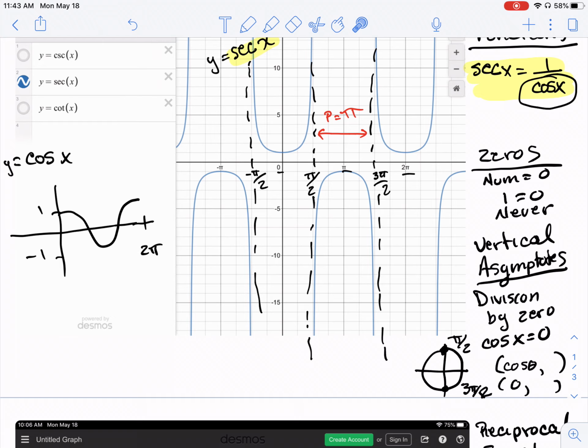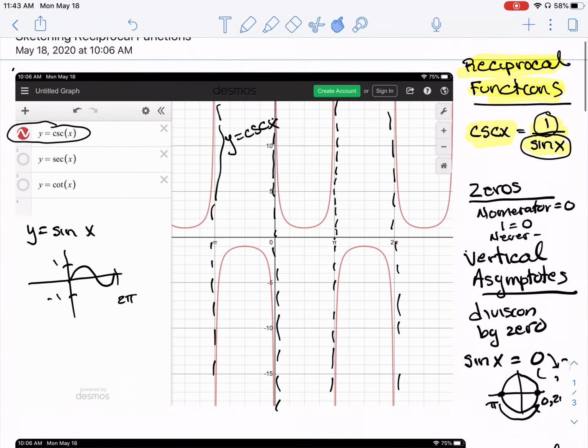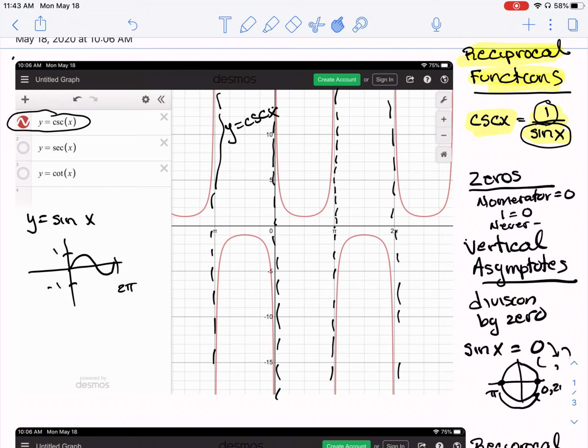The only difference between our secant graph and our cosecant graph is that it's the same shape, little U-shapes here, but the location of the vertical asymptotes is different. So that's going to change, and the vertical asymptotes are just located where we have division by zero. Well, if I know cosecant is the reciprocal function with sine, I'm going to be looking for where sine is zero.